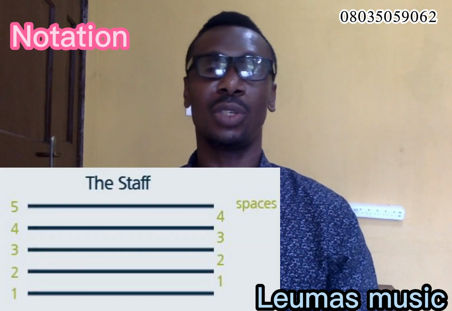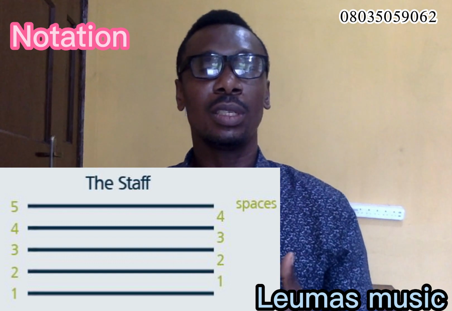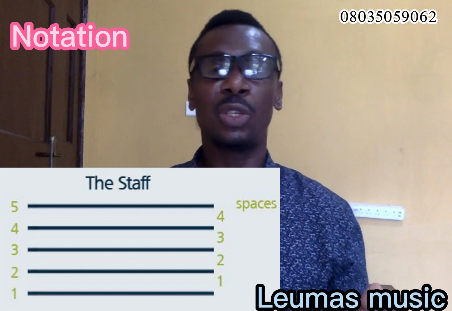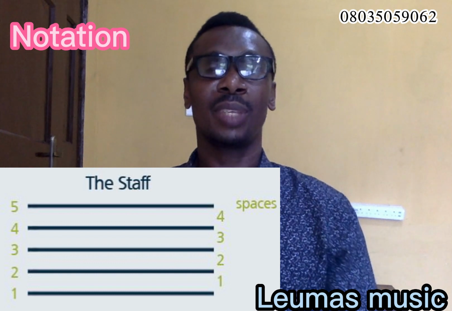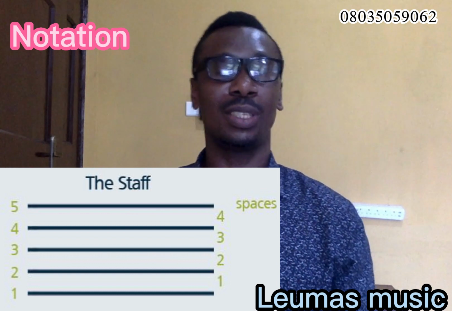What is this staff notation? The staff is written as 5 horizontal parallel lines. In between the lines are 4 spaces.